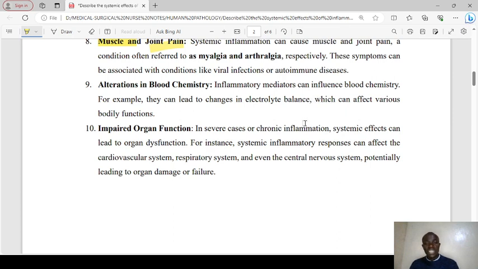In some cases, chronic inflammation can lead to organ dysfunction. For instance, a systemic inflammatory response can affect the cardiovascular system, respiratory system, even the central nervous system, potentially leading to organ failure. So those are the different systemic effects of inflammation.